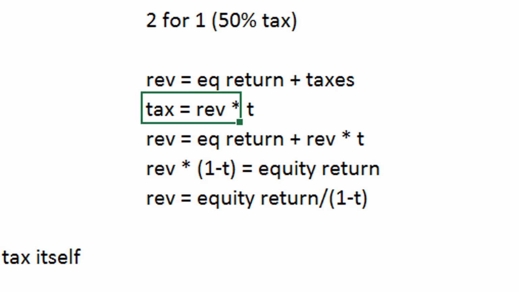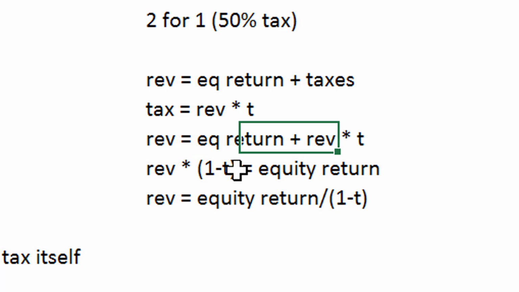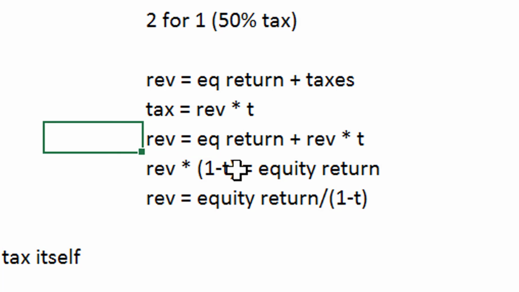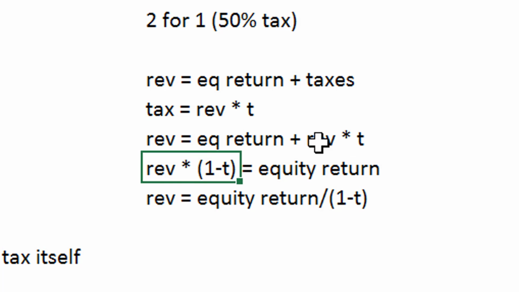And then you take this equation, plug the taxes in over to here, and you get the revenue times the tax rate plus the equity return. Then you just move the revenues over to this side, which means you subtract it. So you have revenue times 1 minus the tax rate is the equity return, and then revenues, you just divide that by 1 minus the tax rate.